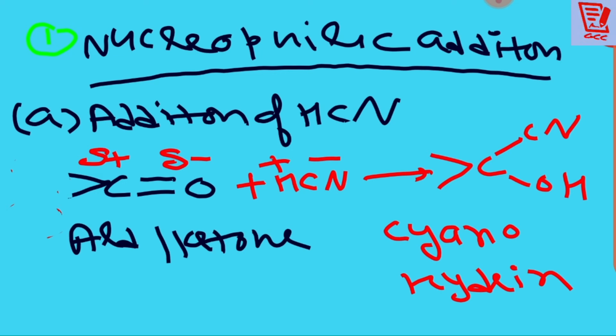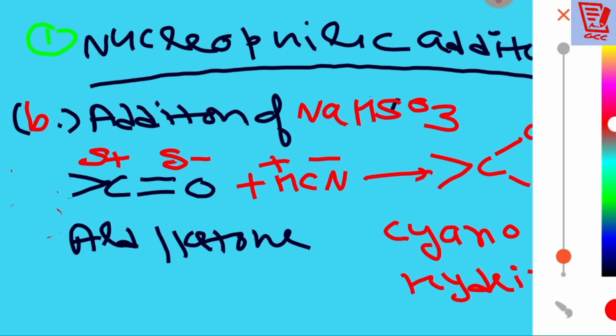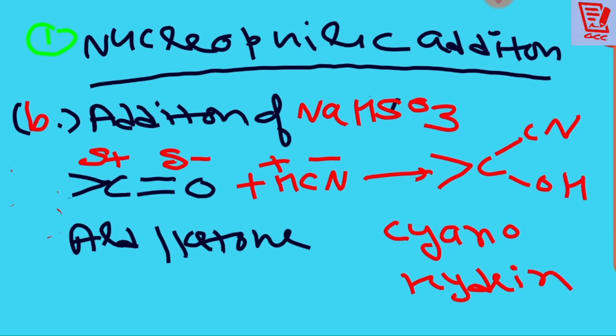Same way, now I am going to do the B part. In the B part, you must see, I am adding sodium bisulfite. Its formula is NaHSO3. It is known as sodium bisulfite.